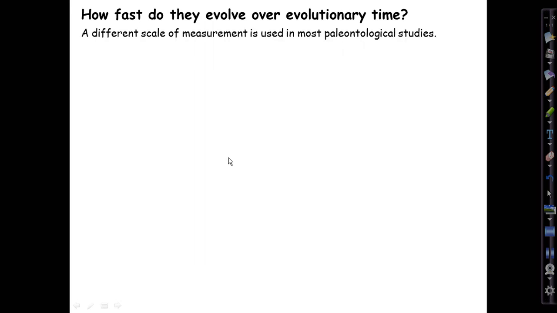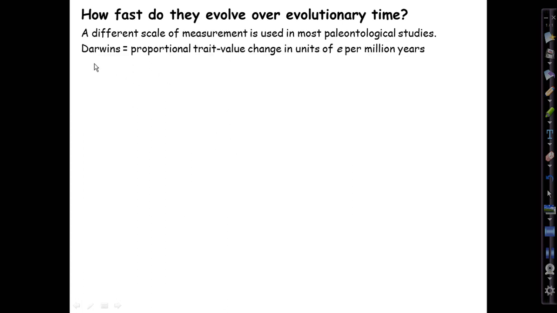How fast did they evolve over evolutionary time? This is quite a different matter, and the contrast is very interesting. A different scale is used in paleontological studies of morphological evolution. This unit is called Darwins for some reason.